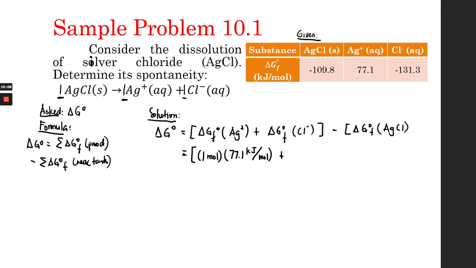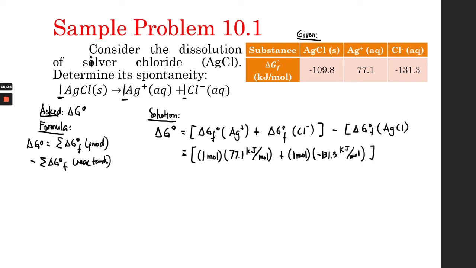plus the delta GF of Cl minus. Cl minus also has 1 mole, so we have 1 mole of chloride ion, and the delta GF of chloride ion is negative 131.3 kilojoules per mole.